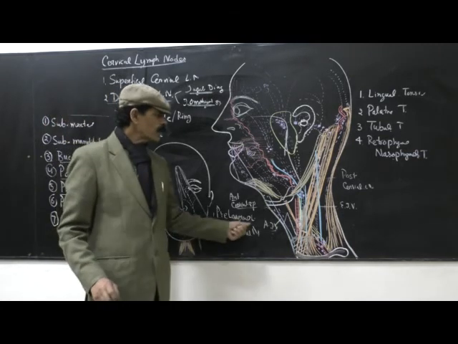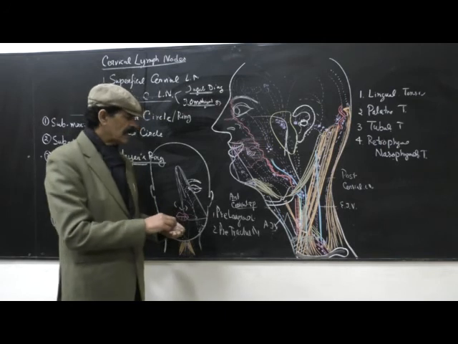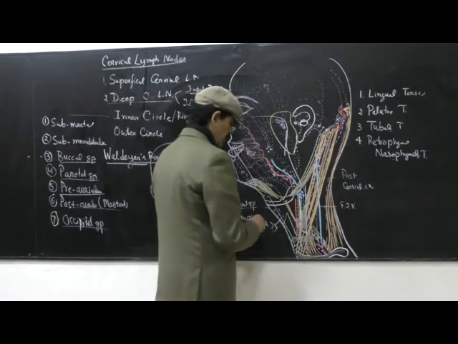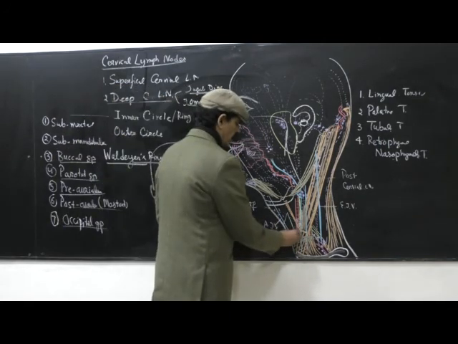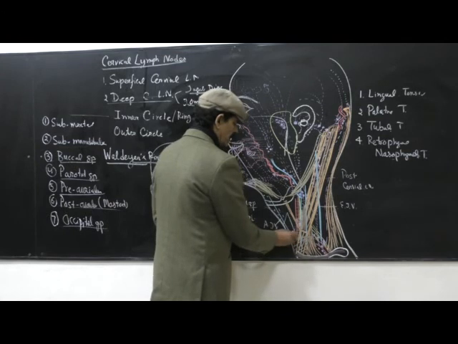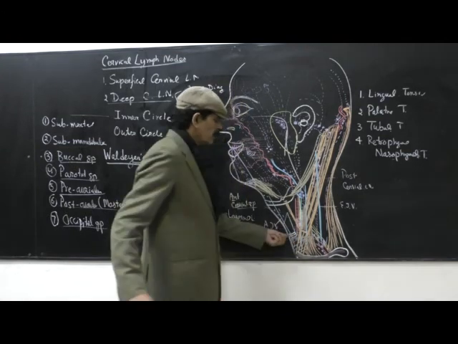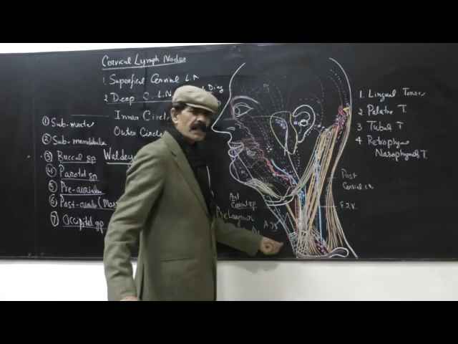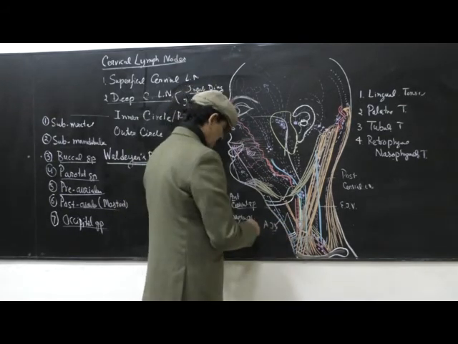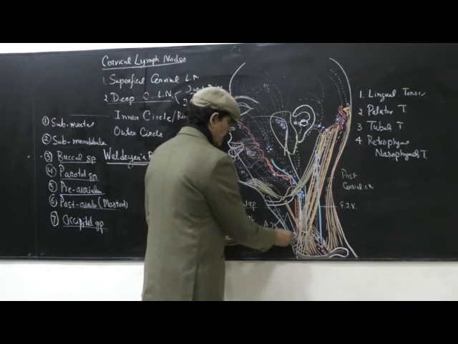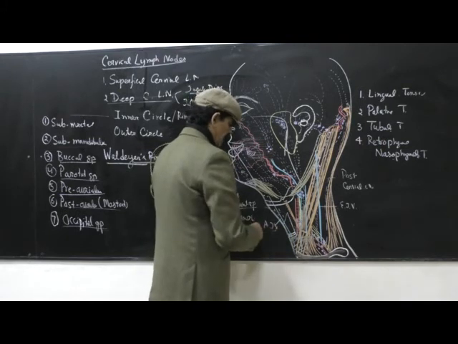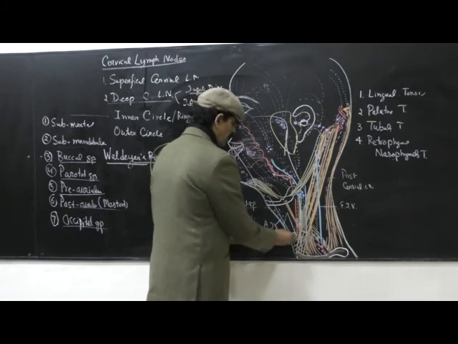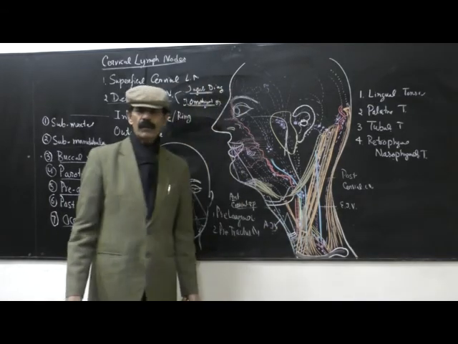The laryngeal group of the lymph nodes are present in relation to the larynx, that is the cartilages. Between the thyroid cartilage and the cricoid cartilage there is a conus elasticus, where lies the pre-laryngeal group of the lymph node.